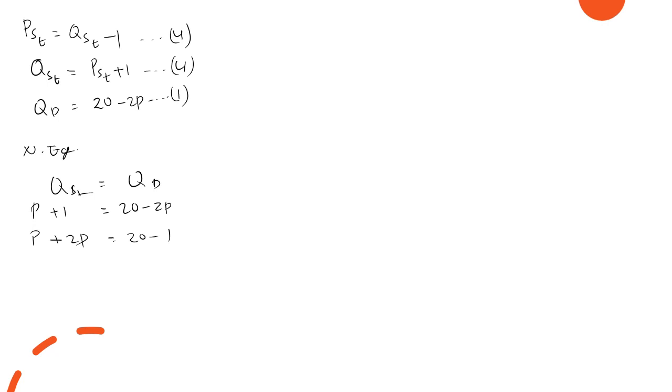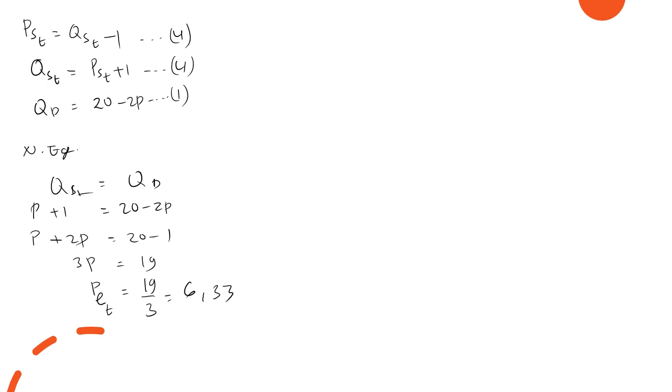So that becomes 3P equals 19, and P is 3.67. No, sorry, my mistake. 19 over 3, so 18 is 6, and 1/3 is 0.33, so 6.33. This is our new equilibrium price with tax.